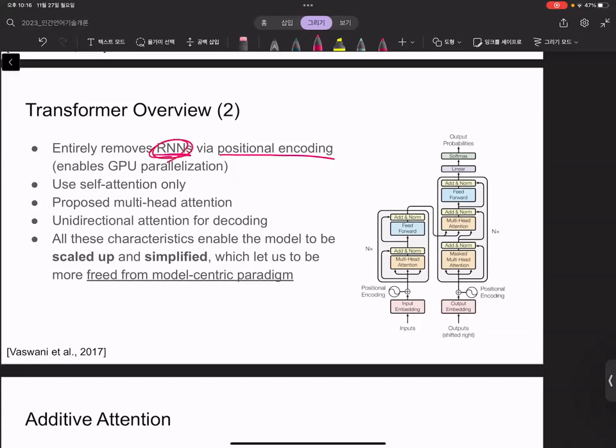In RNNs, by definition, we can recognize the position of tokens without any processing, because the first token goes into the RNN first, and the last token goes into the RNN last.